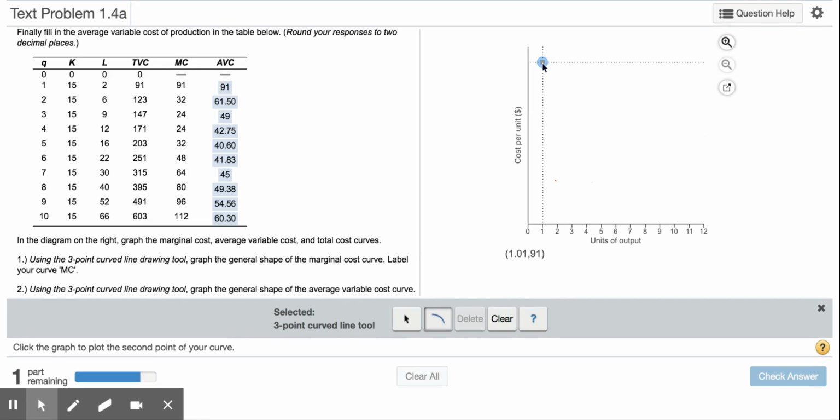We have 3 and 4, and I'm going to pick 4. So 4 and 24 should be right here.